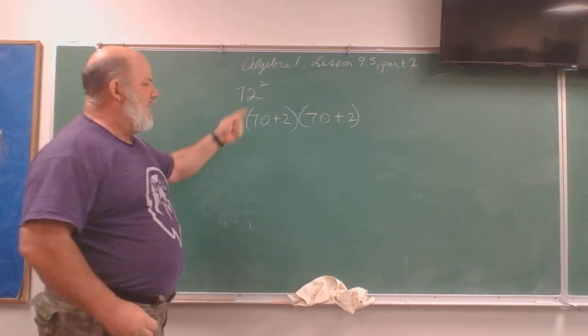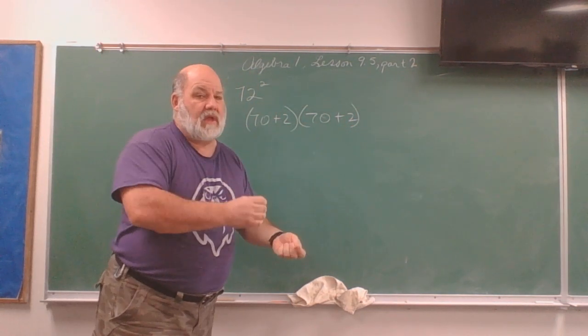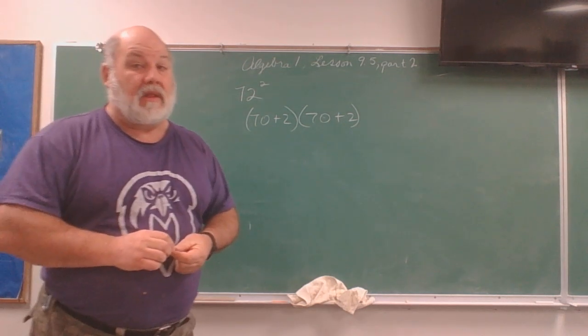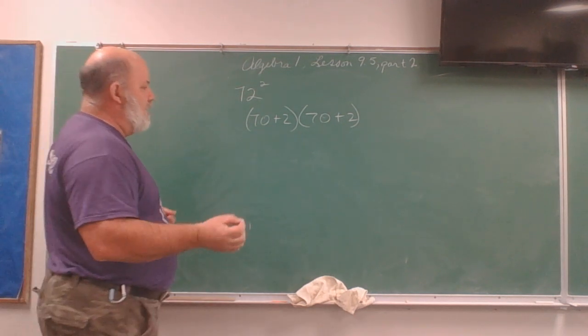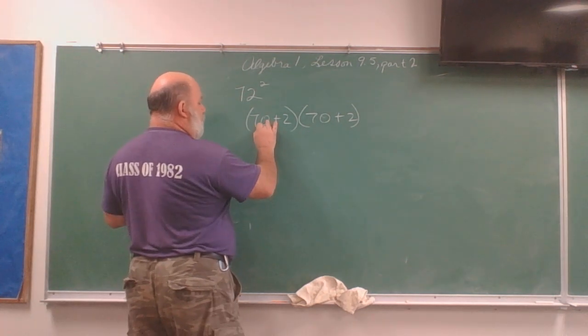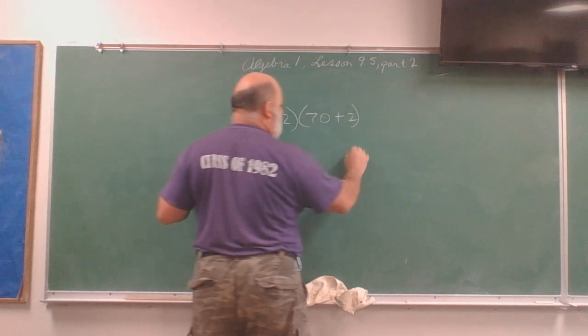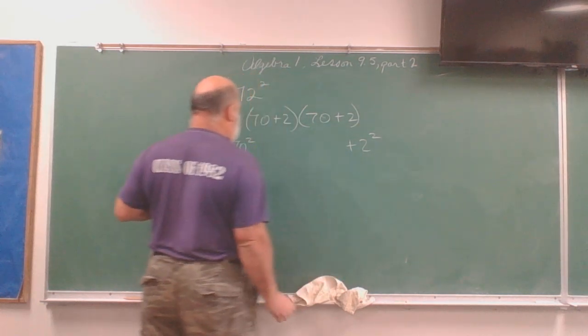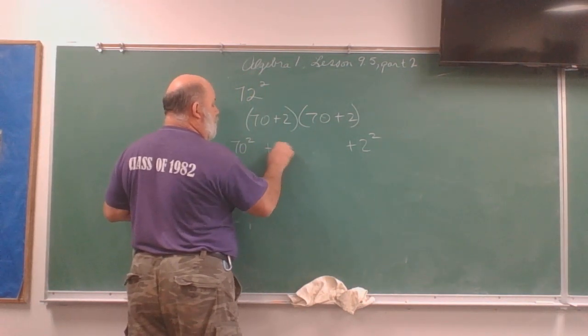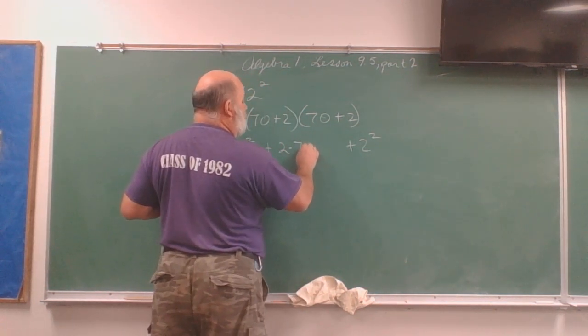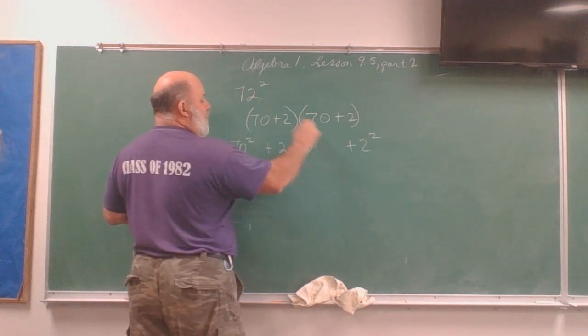This is like those first examples we did in the last lesson, in the last video. This one, it'll be 70 squared. The last term will be 2 squared. The middle term will be 2 times 70 times that 2 there.